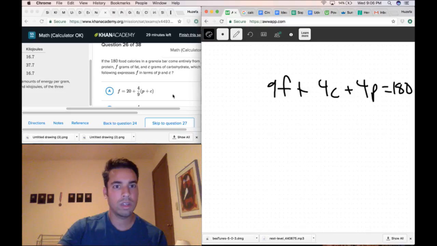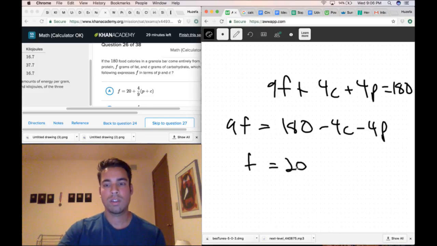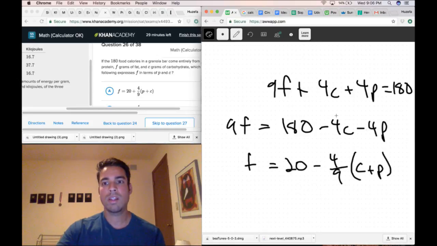And what do they want it in? They want it in terms of P and C, and they want F isolated. So it's 9F equals 180 minus 4C minus 4P. Divide both sides by 9. F equals 20 minus, and then we can substitute out a 4, that's what they're doing, 4/9, and then C plus P. I just factored out the -4.